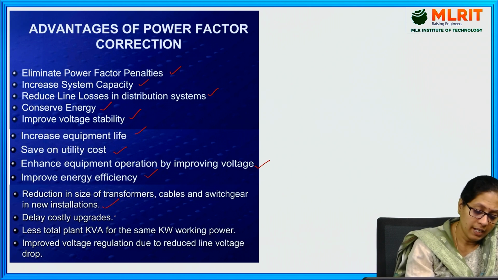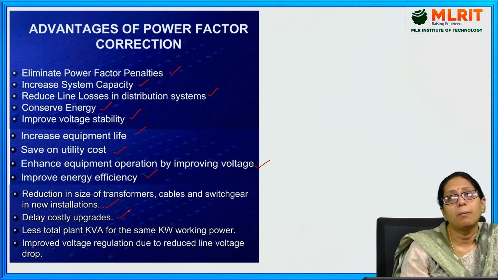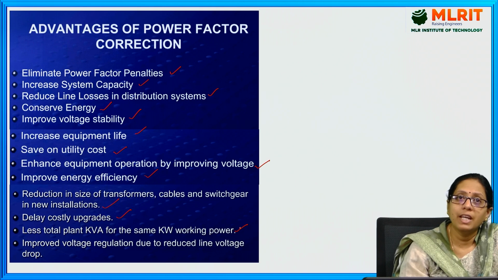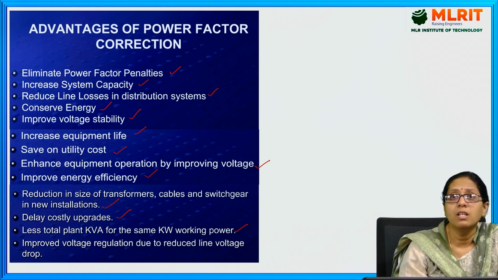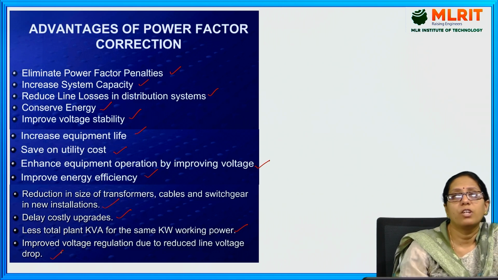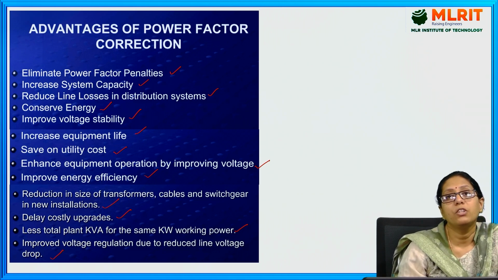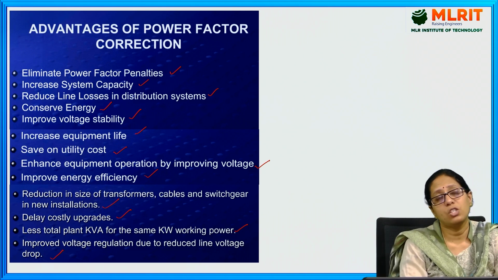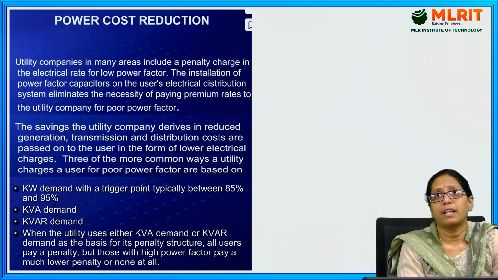Next one is delay costly upgrades, less total plant kVA for the same kilowatt power consumption, and improved voltage regulation due to the reduced line voltage drop. So these are the different advantages of power factor correction.